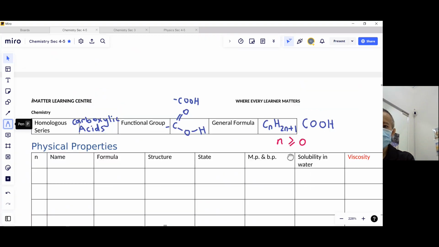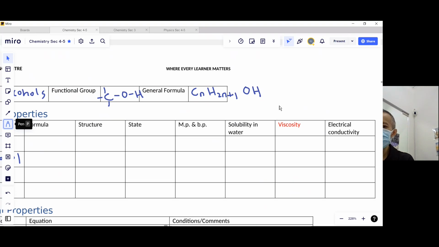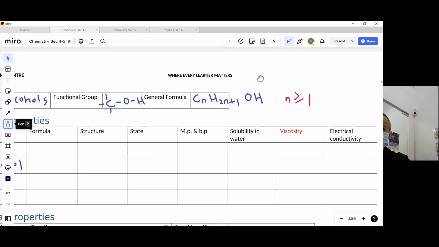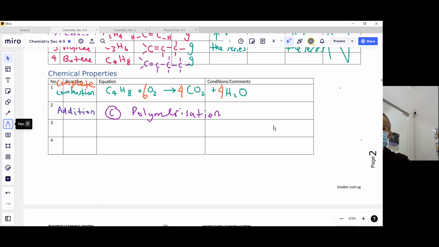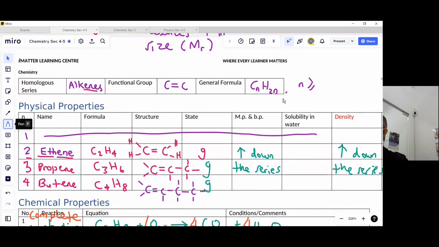Now let me go back to the third group, alcohols. For alcohols, n starts from 1. I just want to make it clear to everyone. And a quick reminder: alkenes, page 2, which we did 2 weeks ago.